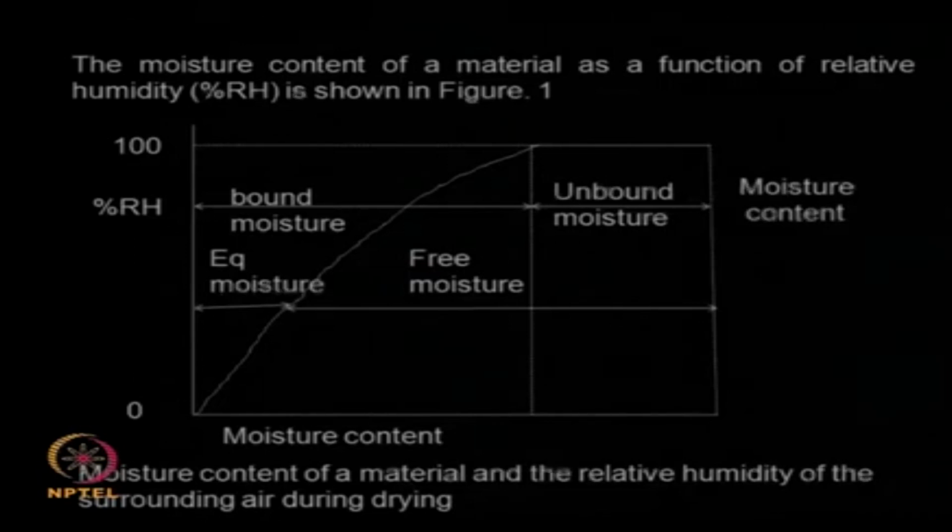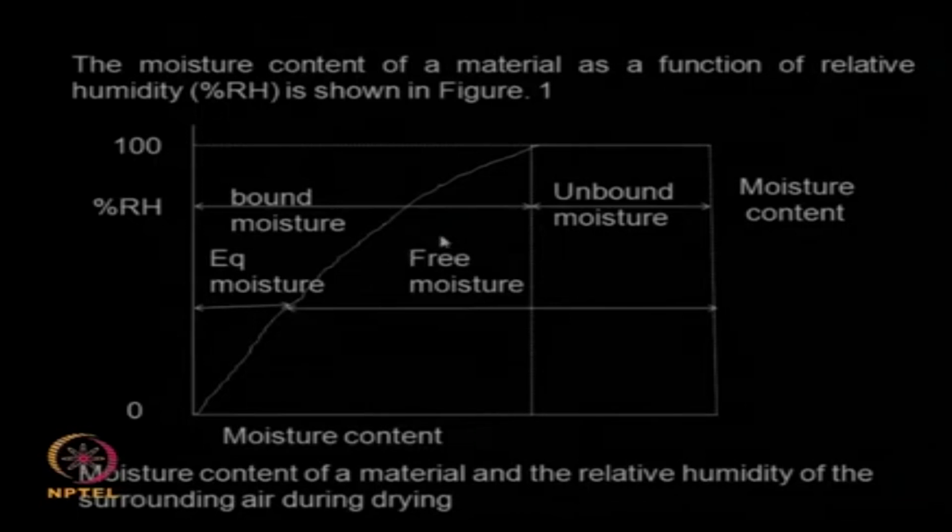If you look at the diagram with moisture content on the x axis and percentage relative humidity on the y axis, we have something called the equilibrium moisture, and then we have something called the free moisture. As I said, you cannot dry below the equilibrium moisture for a hygroscopic material.